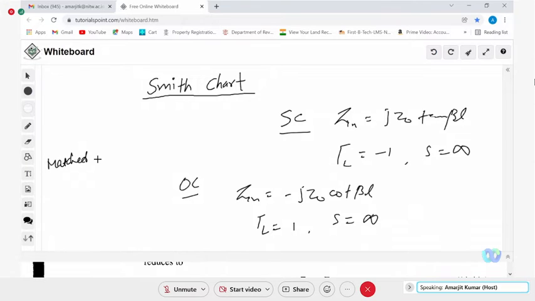Third case, we have the matched lossless transmission line. Then the transmission line is matched. So basically, in that case, what will be the input impedance? If ZL is equal to Z0, what will be Z in?